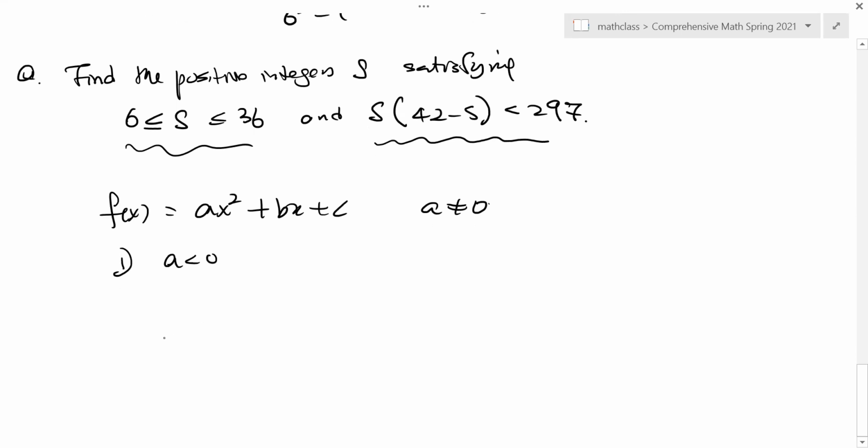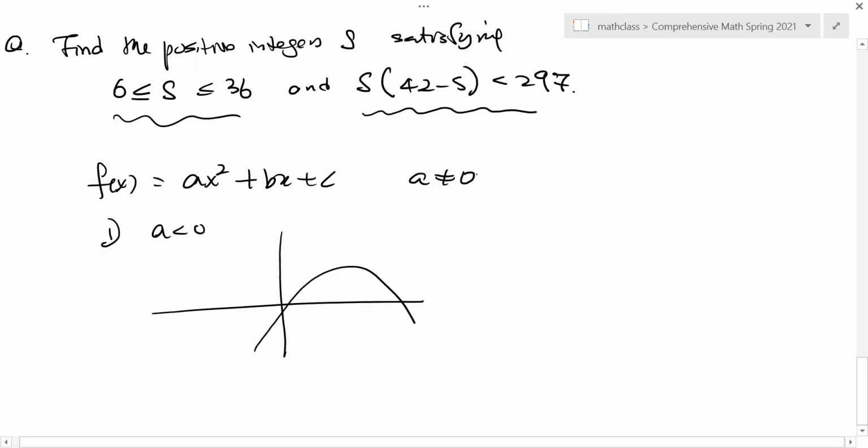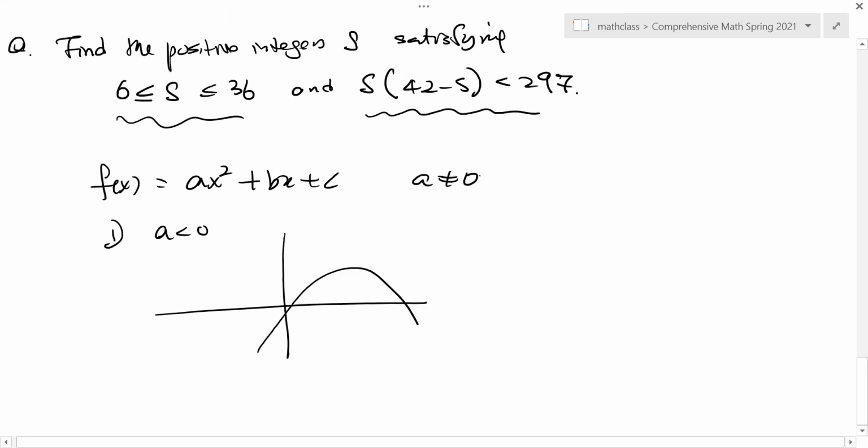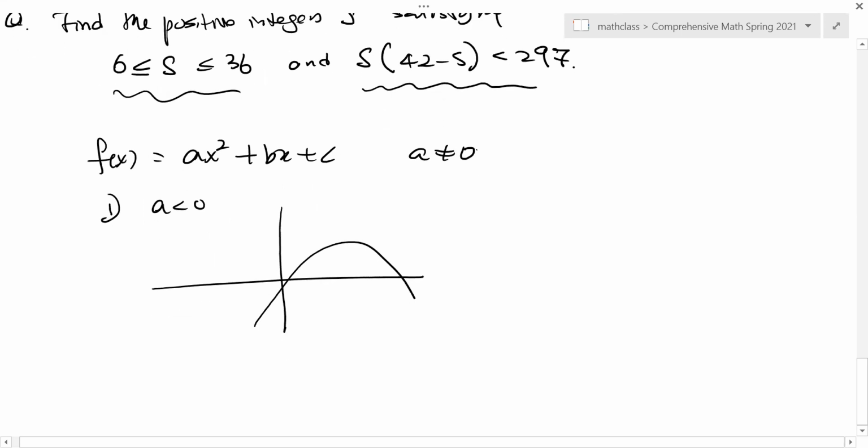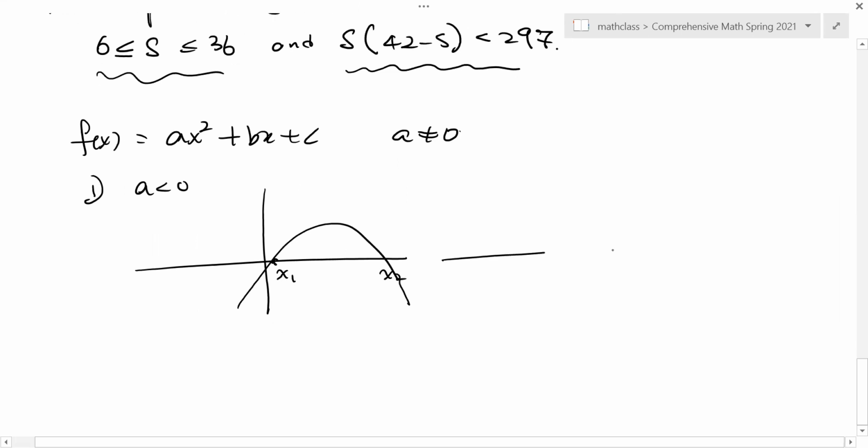The graph of this function will be a parabola opening downward. Then possibly there are two solutions, this is the general case. Sometimes there is no solution: the parabola is like that and has no intersection.